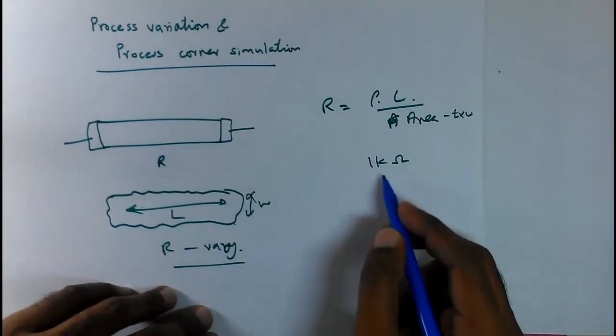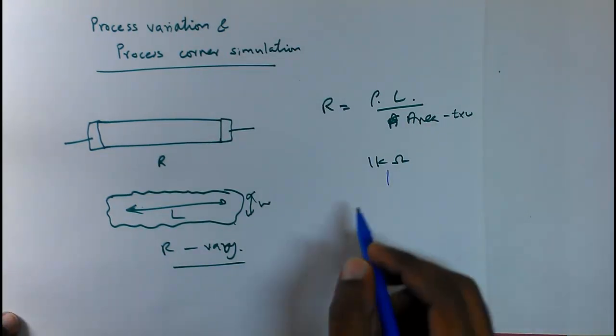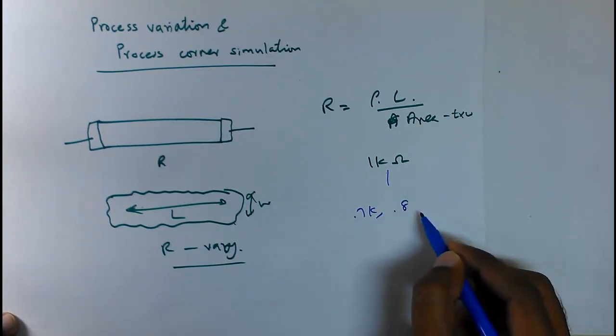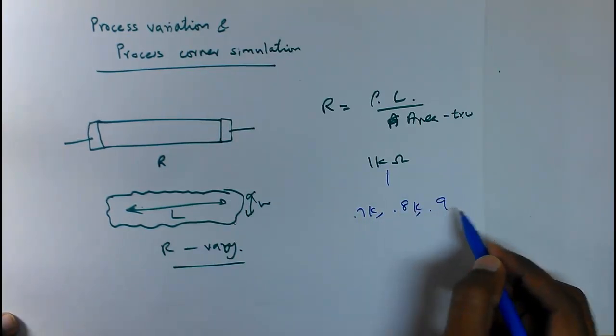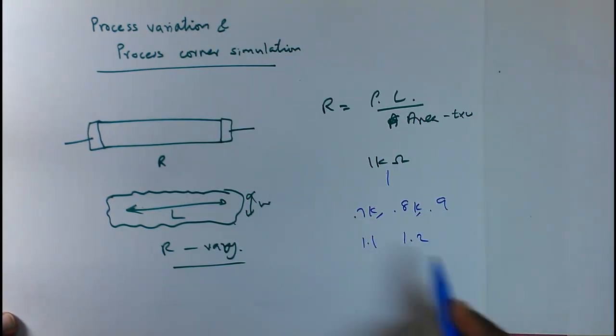So when I make a resistor of 1 kilo ohm in the schematic, in the silicon I may get 0.7 kilo ohm, 0.8 kilo ohm, 0.9 kilo ohm, 1.1 kilo ohm, 1.2 kilo ohm. This will vary. So I cannot exactly make a resistor in silicon.